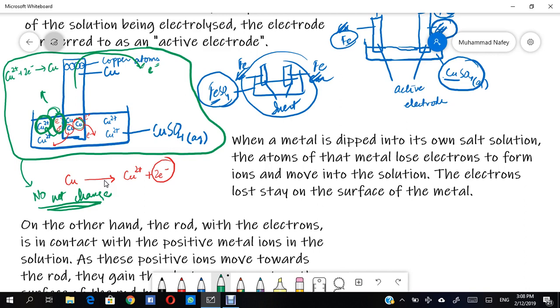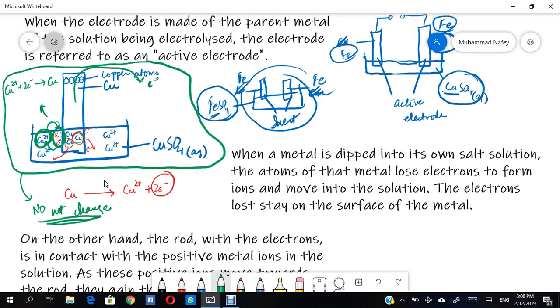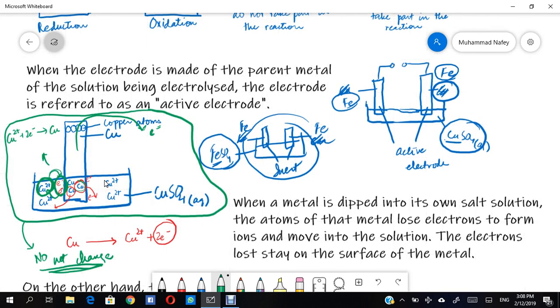And what's an active electrode? Let's return to the definition once again. When an electrode is made of the parent metal of the solution being electrolyzed, the electrode is referred to as an active electrode. For example, copper being used to electrolyze copper sulfate, or iron being used to electrolyze iron sulfate or iron chloride or whatever.